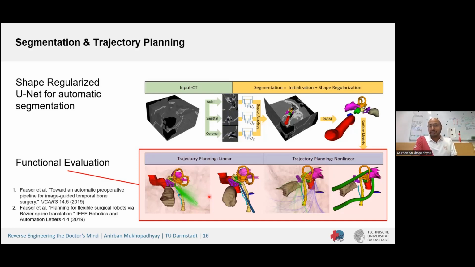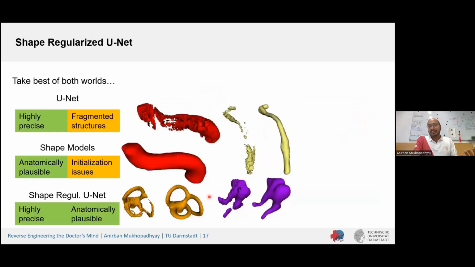So our solution there was simply a shape regularized UNet, a rather naive approach, I would say, because at that time, of course, UNet was already quite famous. But if you really see the problem of UNet, if you don't have a lot of training data, but you have to segment a lot of really tiny risk structures, you end up with such fragmented structures.